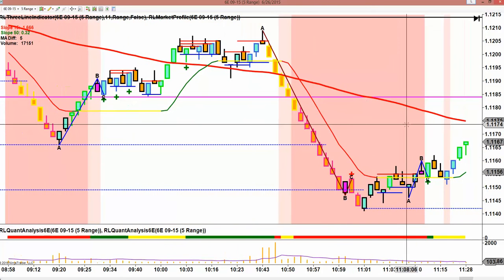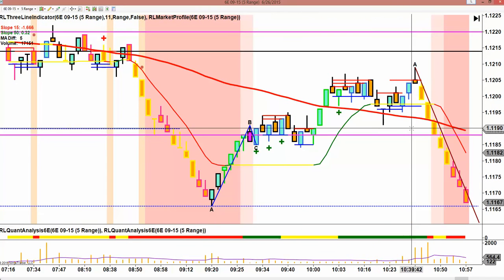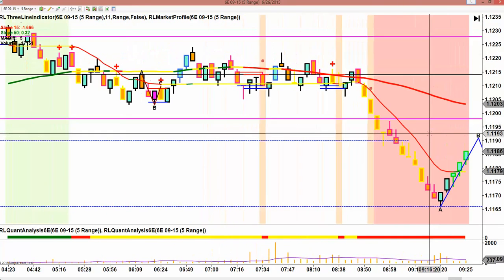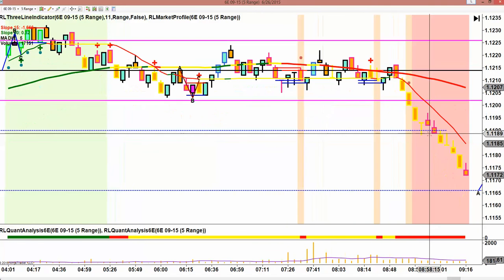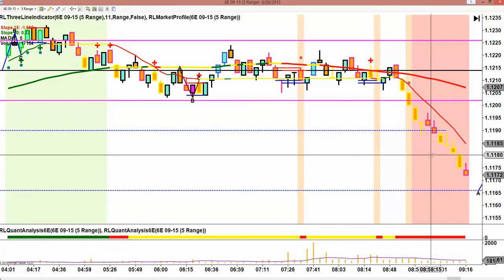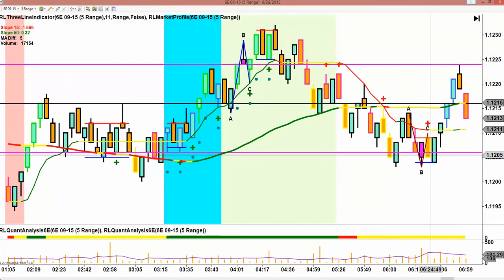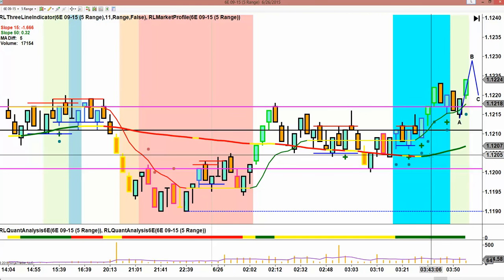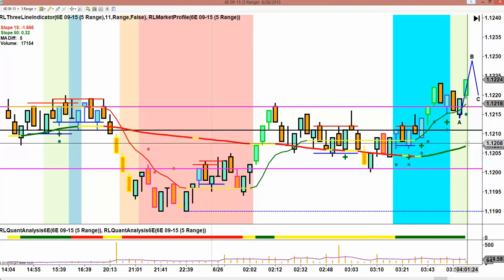So let's take a look on the right edge. And this is the first time I'm looking at it, to be perfectly honest with you. Let's see how we do here. Now here's a trade. Actually, I have two trades on the chart right now.